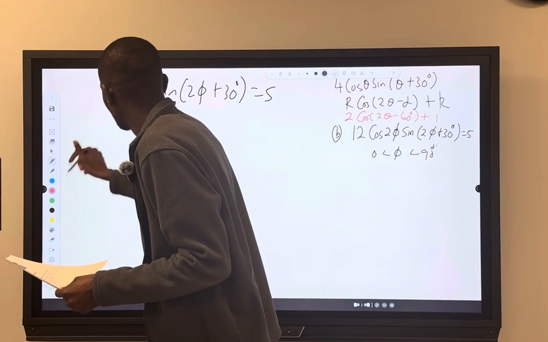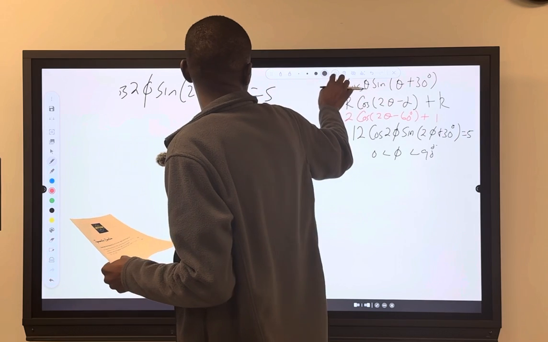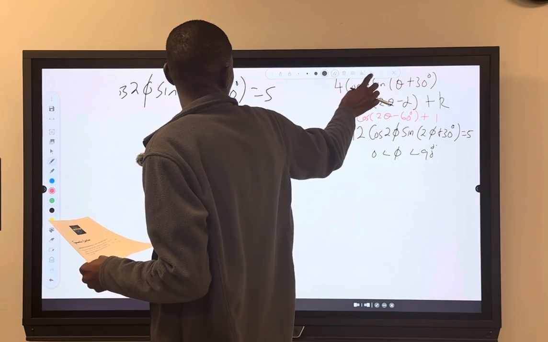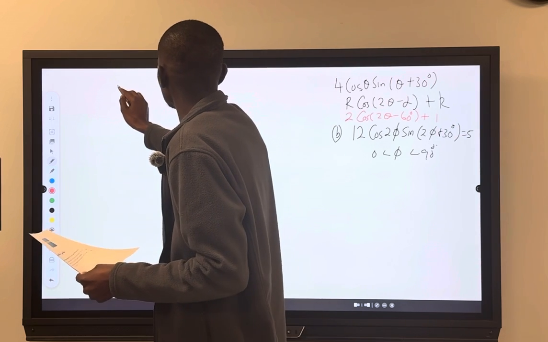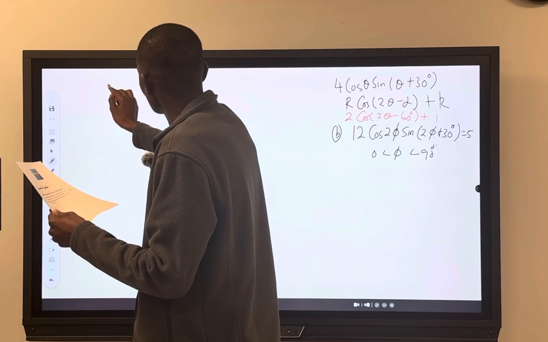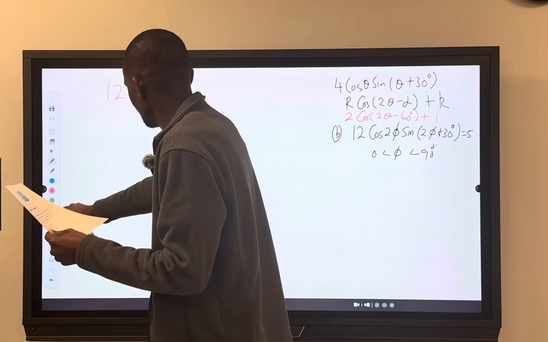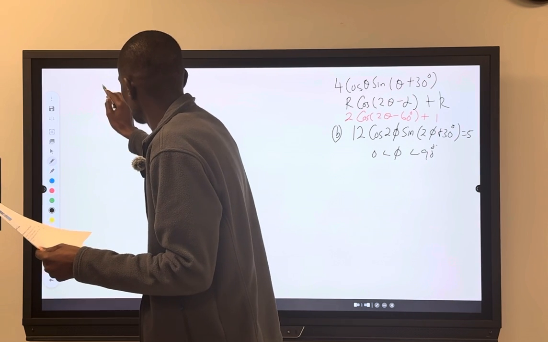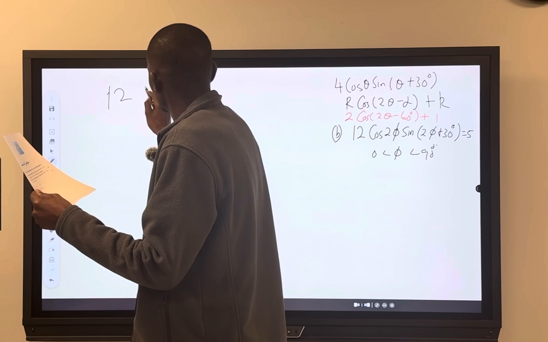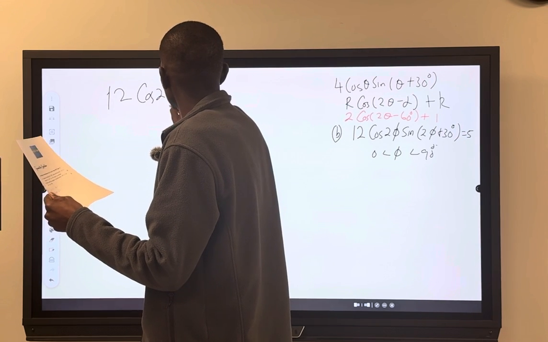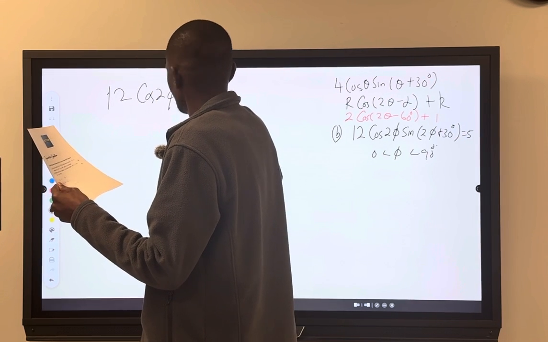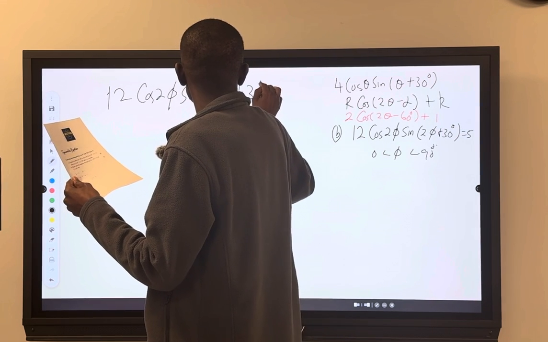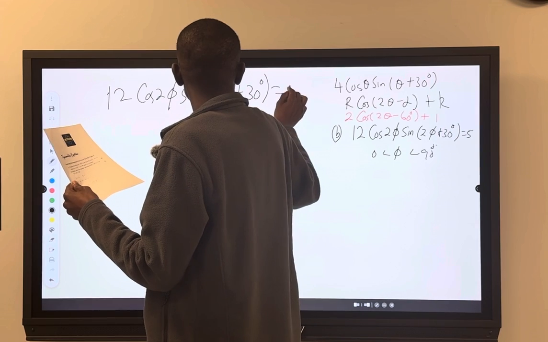Okay. Here, let me rewrite it as 12. So it's 12 cos 2 phi, then sine 2 phi plus 30 degrees equal to 5.